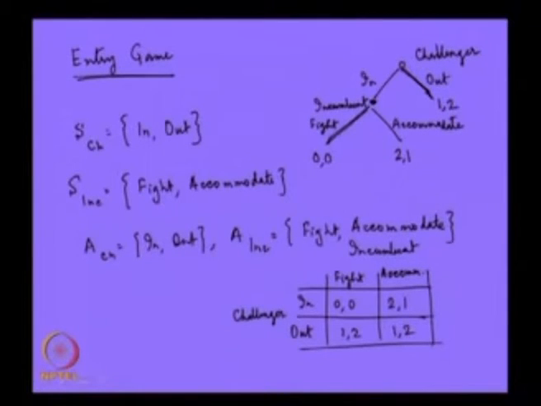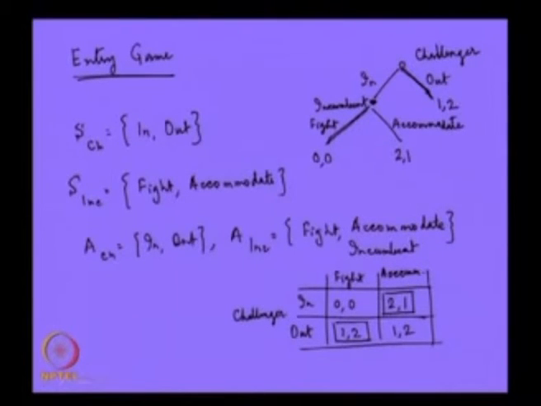And by looking at it, which are the Nash equilibria? We can see that this is a Nash equilibrium, in accommodate, and the other Nash equilibrium is here, out and fight, right.